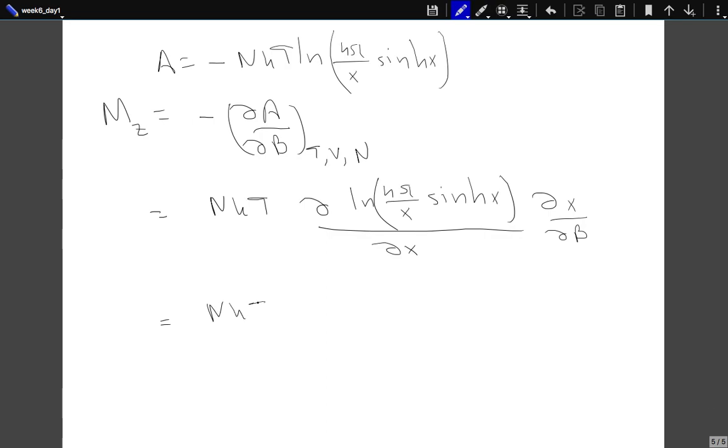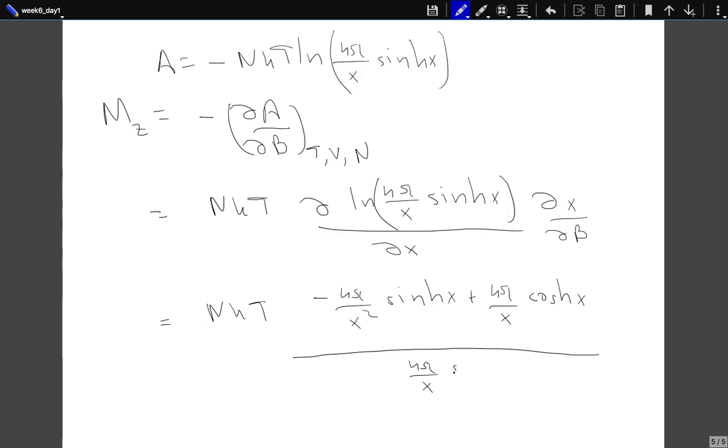So this is equal to NKT times the derivative of the logarithm with respect to x, which is minus 4 pi over x squared sine hyperbolic x plus 4 pi over x cosine hyperbolic x, divided by 4 pi over x sine hyperbolic x, multiplied by dx by dB. Well, remember, x was mu B over kT, so that is mu over kT.